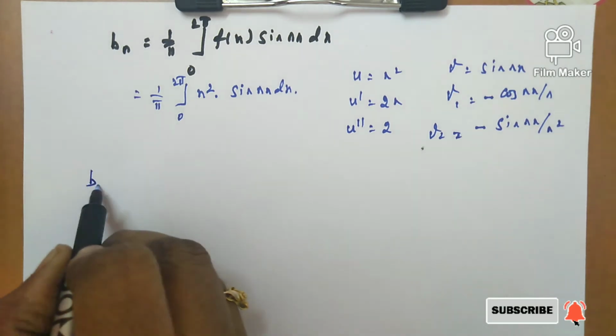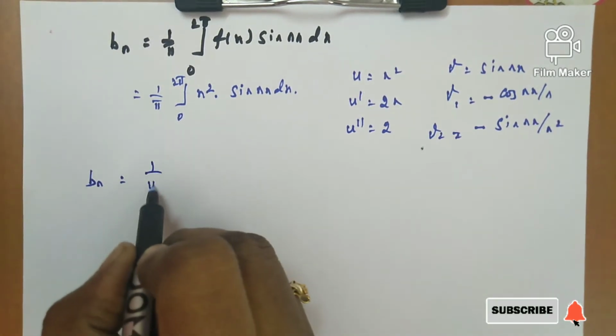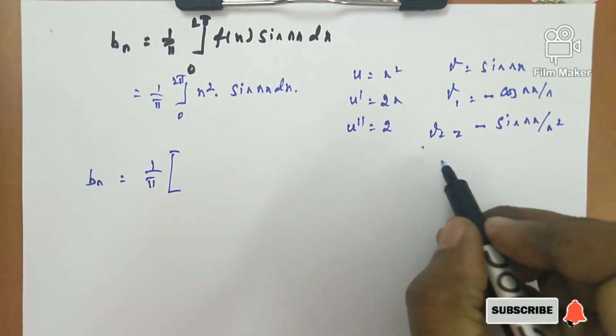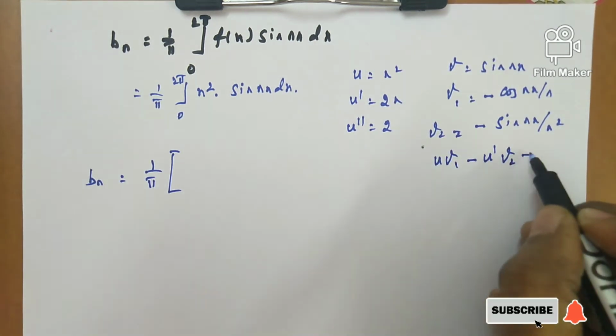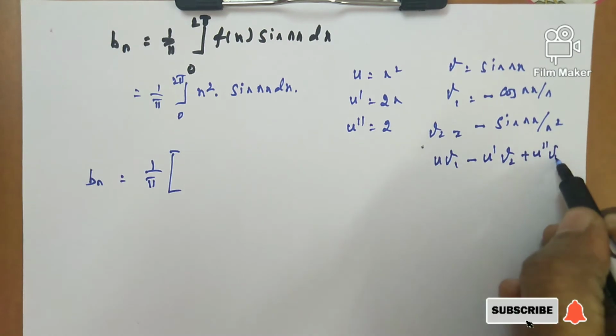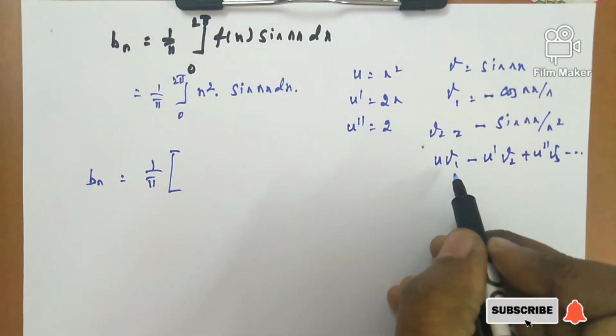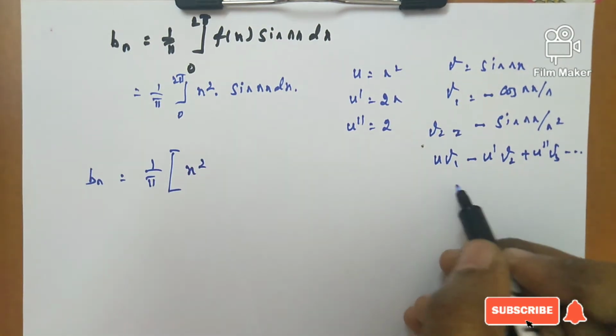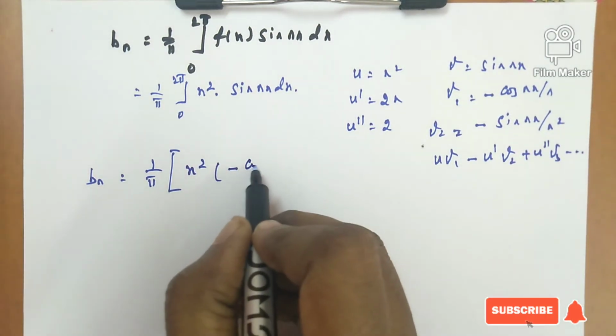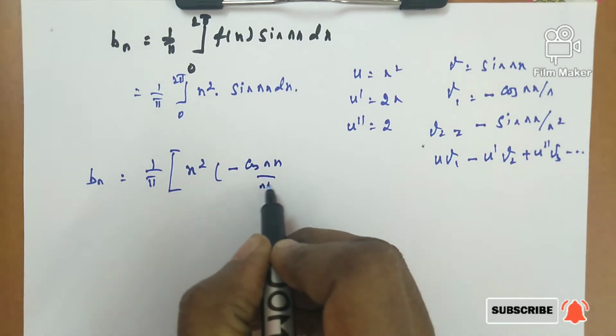So bn equal to, now we will apply here bn equal to 1 by pi. What is the formula? u v1 minus u dash v2 plus u double dash v3 minus etc. So u v1, what is our u? u equal to x square. x square v1 is minus cos nx by n square.